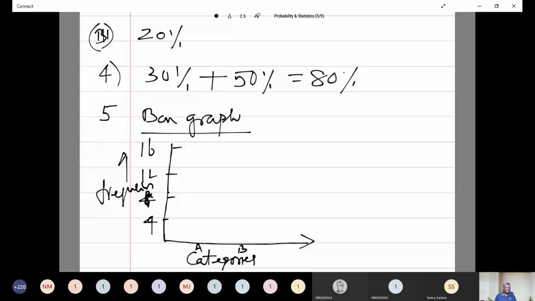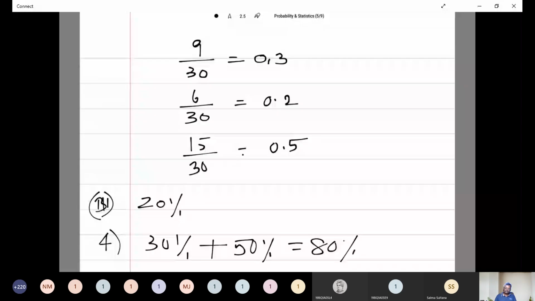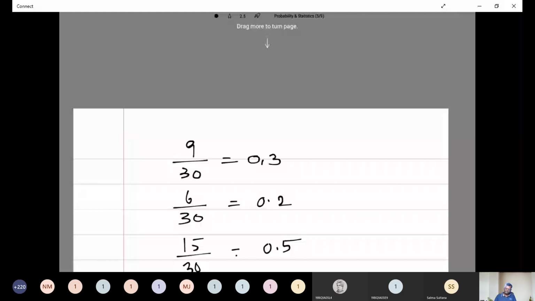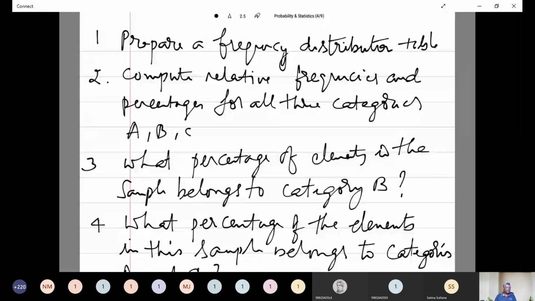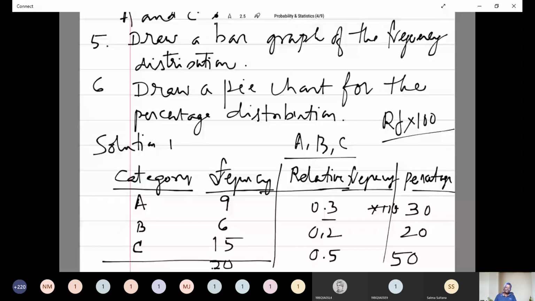What is the frequency of category A? Category A is equal to 9. Category B is equal to 6. Category C is equal to 15. We have to draw like this.